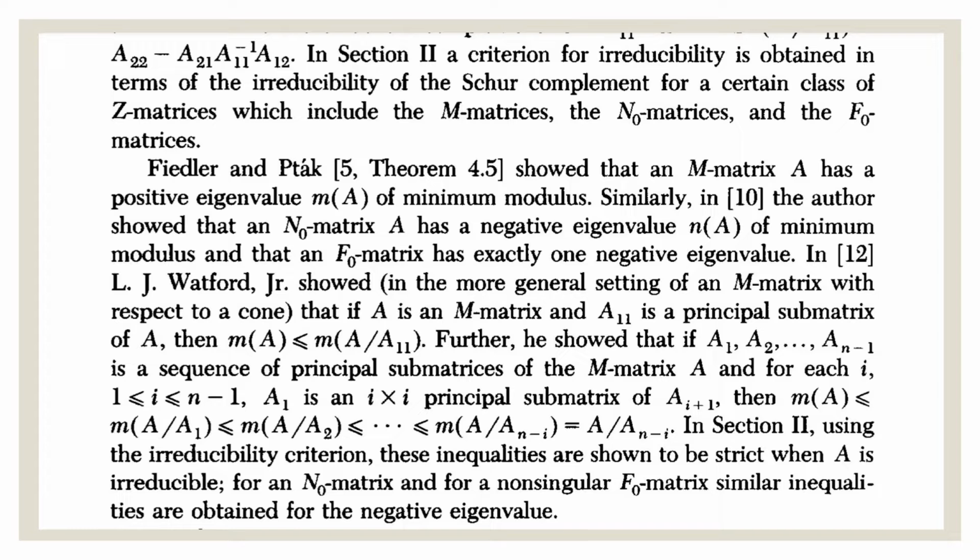In Section 2, using the irreducibility criterion, these inequalities are shown to be strict when A is irreducible. For an N0 matrix and for a non-singular F0 matrix, similar inequalities are obtained for a negative eigenvalue.